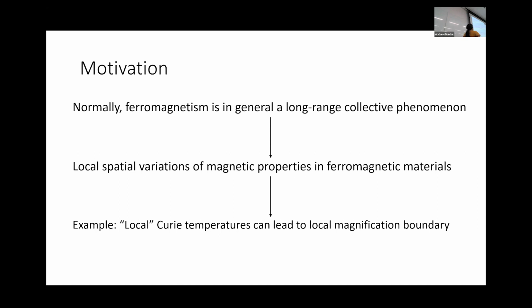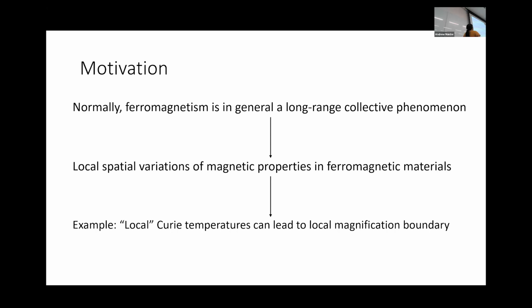But we do want some special property in a small region. So that's why we want to create local spatial variations of the magnetic properties of ferromagnetic materials. One thing we can do is the local Curie temperatures. As we learned, the Curie temperature is the temperature at which the material changes from paramagnetism to ferromagnetism.